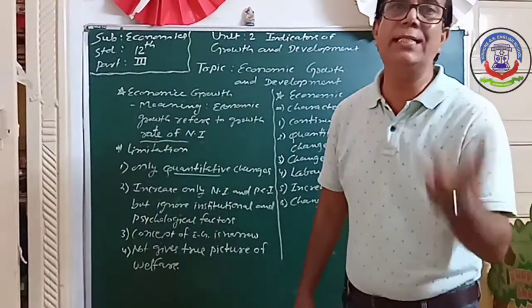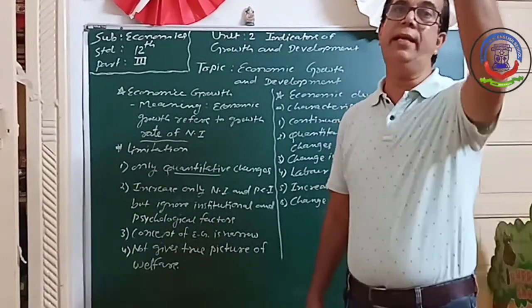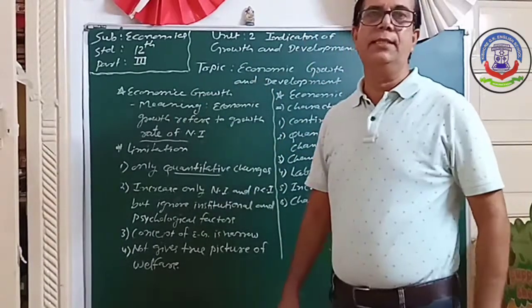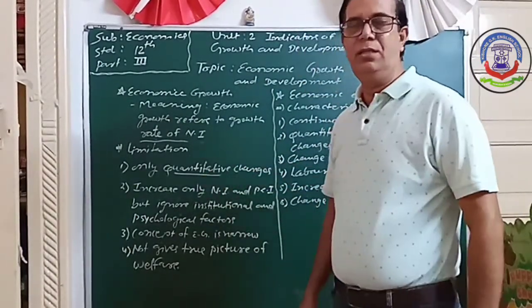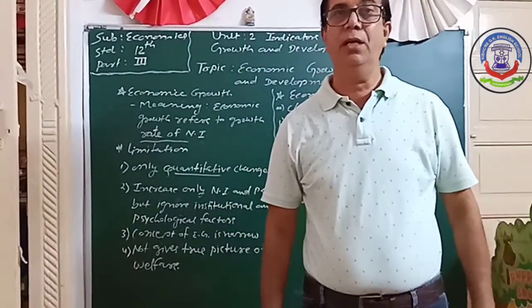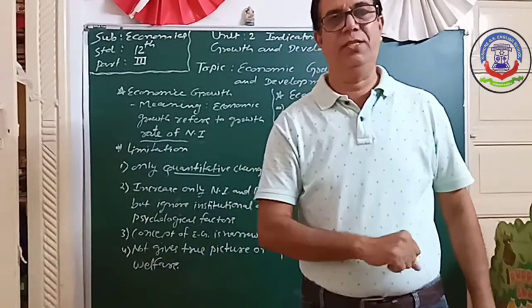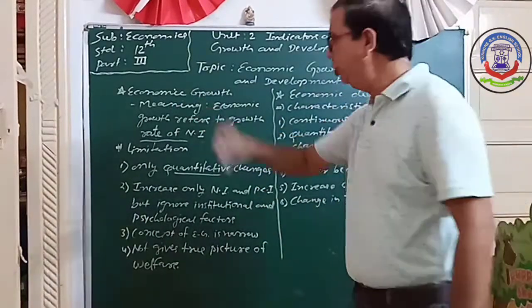How much production is there? If production increases, economic growth increases. So here only quantitative changes are considered. Production in bulk quantity, and we do not consider the quality of goods. So this is the limitation of economic growth.